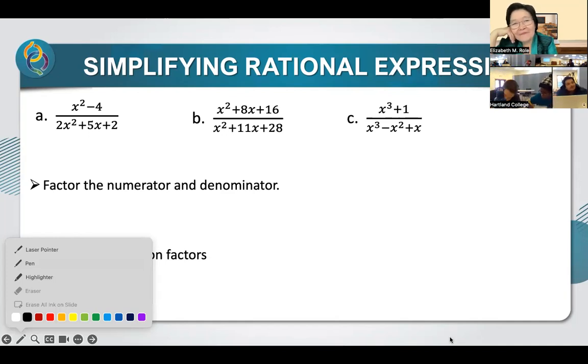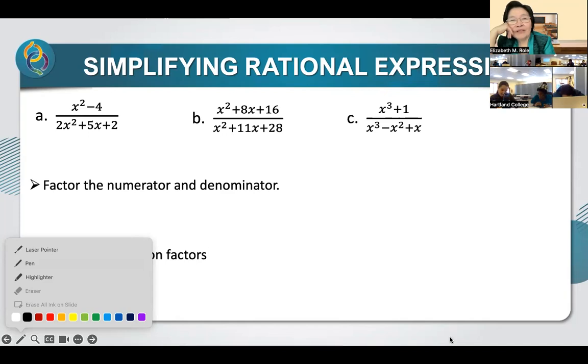The last term is a perfect square. So whenever you see that, you immediately think, is this a perfect square trinomial? Oh, it is. Yes, because 8x is twice the product of 4 and x.